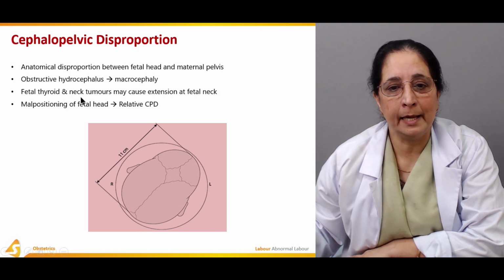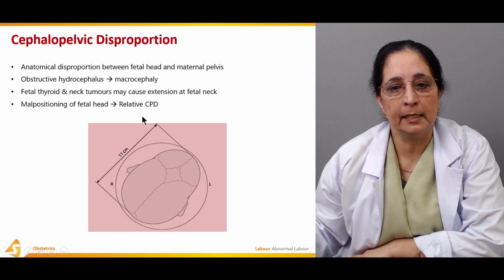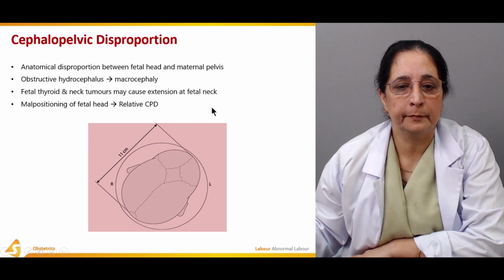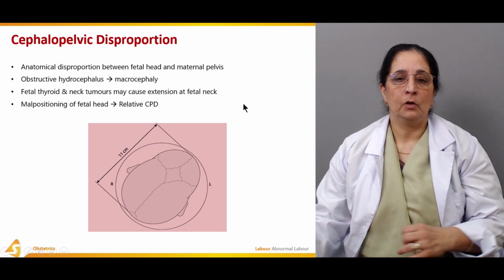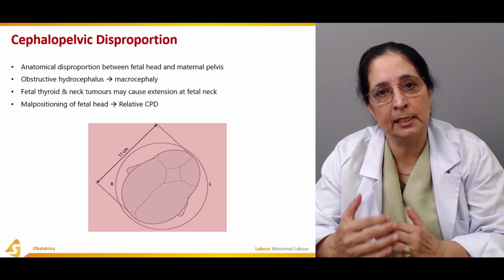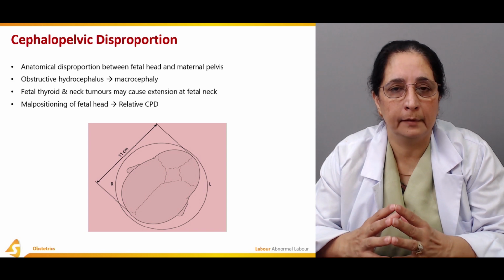Fetal thyroid and neck tumors may cause extension of the fetal neck. Malpositioning of the fetal head may also lead to cephalopelvic disproportion. So all these are different conditions that can cause cephalopelvic disproportion and difficulty in the process of delivery.